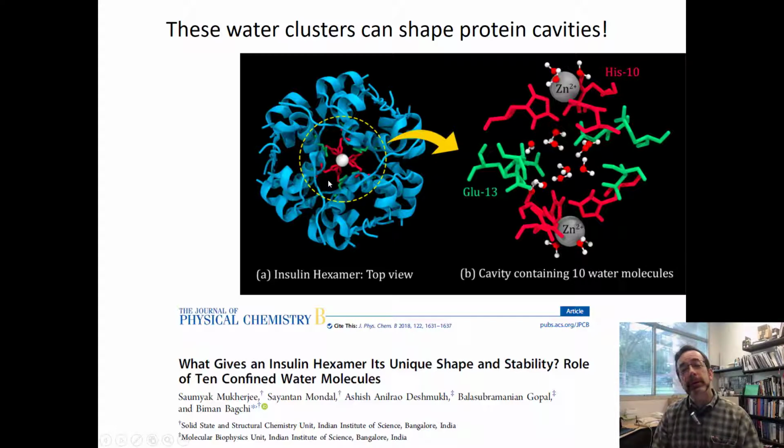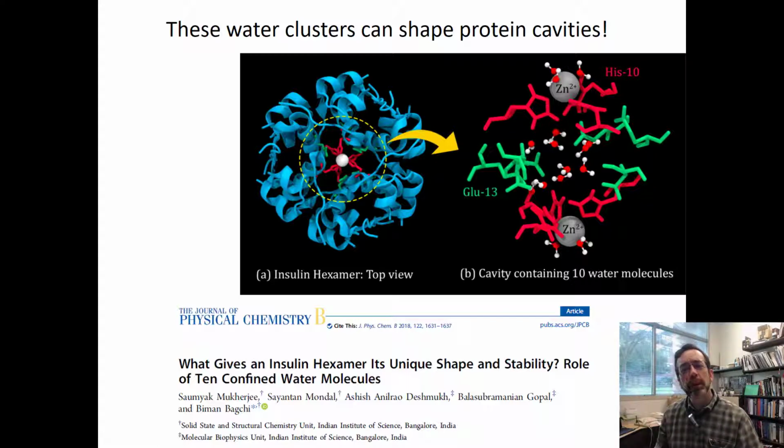Now we know that those gaps are actually filled because everything gets filled in a liquid. The liquid will find its way in. There's protein side chains, of course, that are fitting together with each other, but they don't fit together perfectly. And water will actually get into the middle there, and it will hide in the middle. And in fact, the water will adopt these cluster shapes inside the protein.